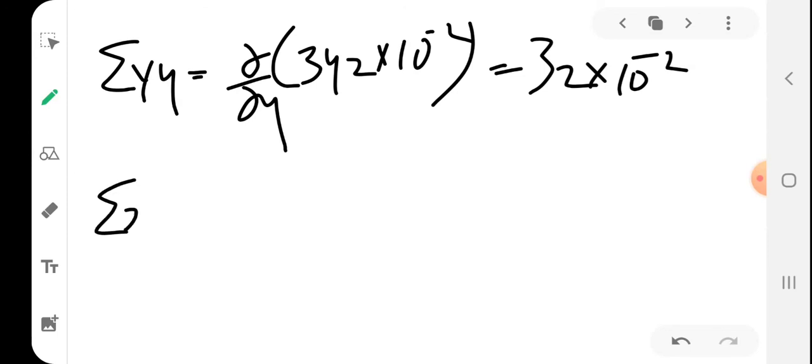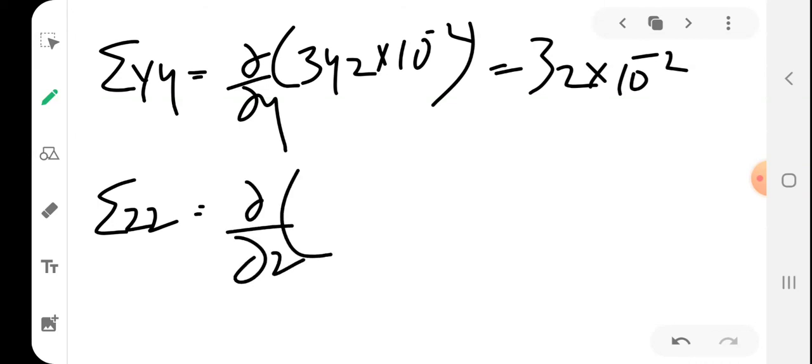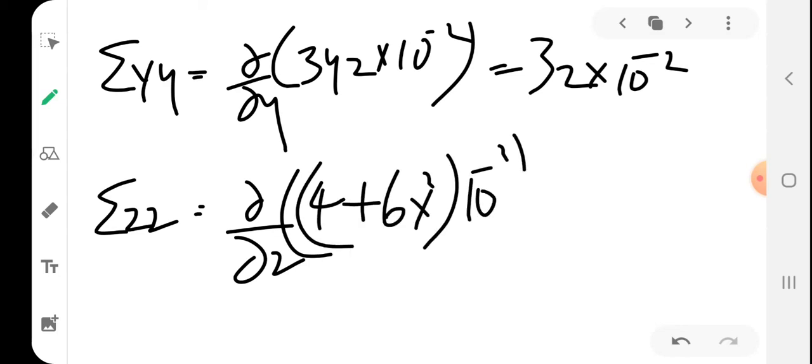Similarly, epsilon zz will be dou by dou z of (4 plus 6x square) into 10 raised to minus 2. Since there is no z term, it will be 0. Okay. Now we have to find dou ux by dou y.